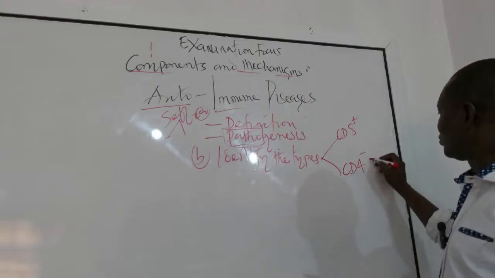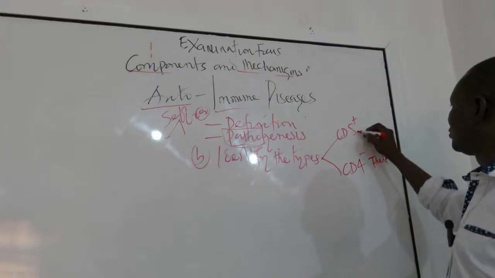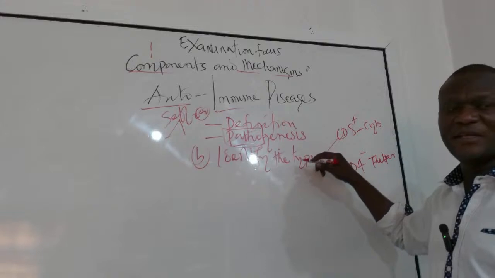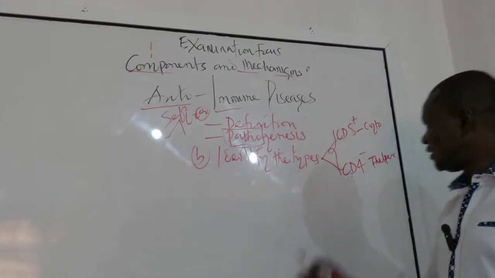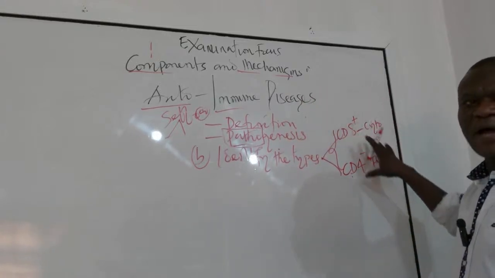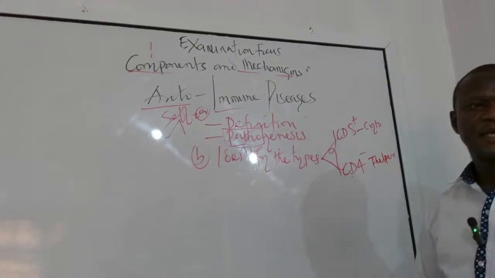Don't forget that this one is called the T helper cell, and this one is the cytotoxic. So you should be able to identify their involvement in autoimmune diseases, and link autoimmune diseases to abnormalities in the CD4 and CD8 pathway.